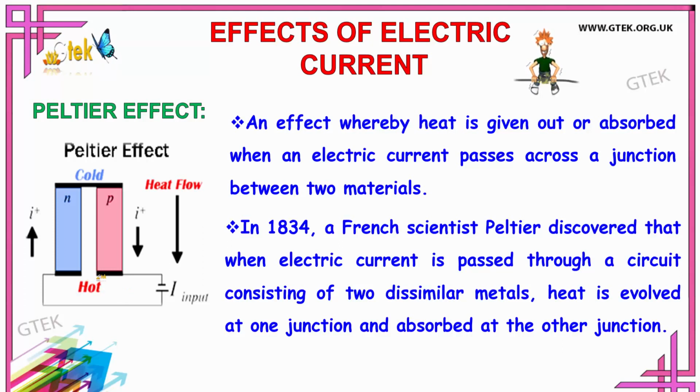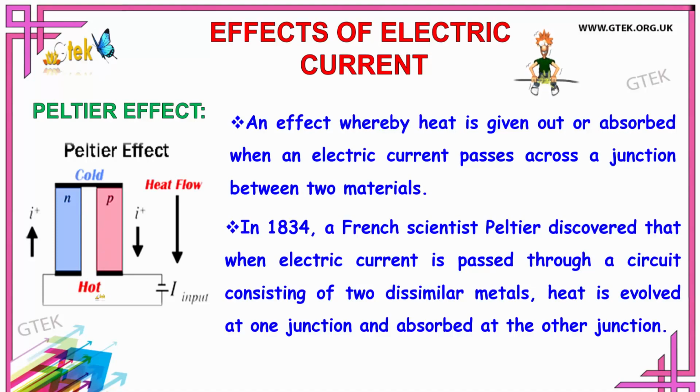So the basic idea behind this is that when an electric current I is passed through a circuit, as given here, two dissimilar metals have been taken. One is N metal and the other is P metal.